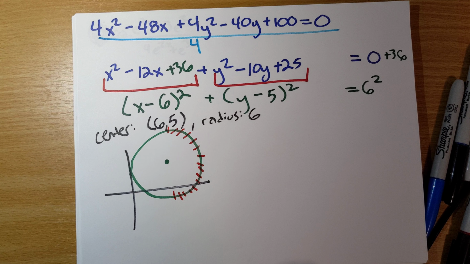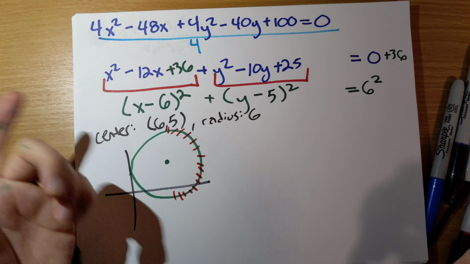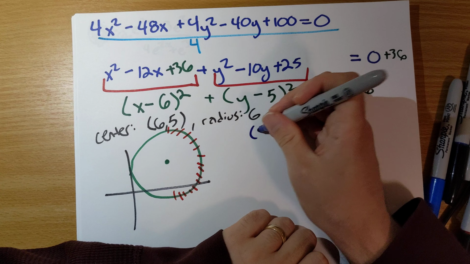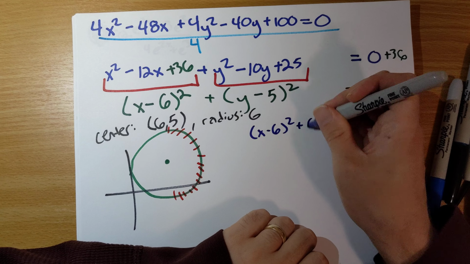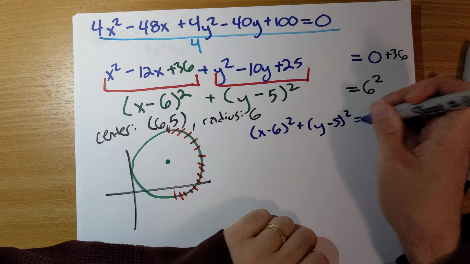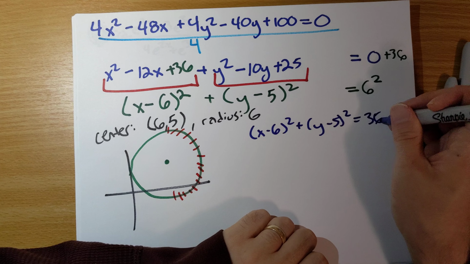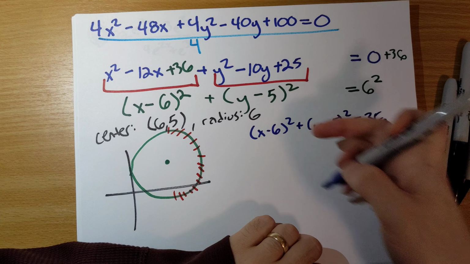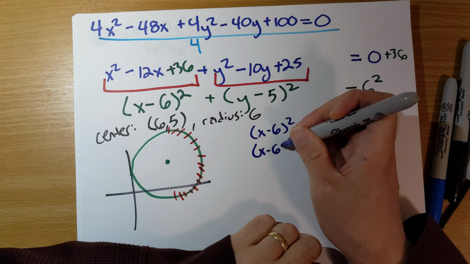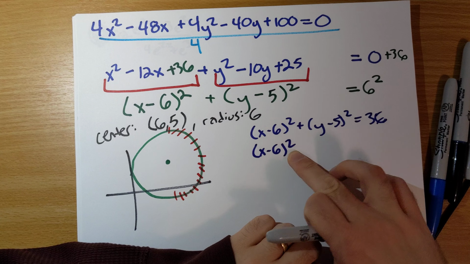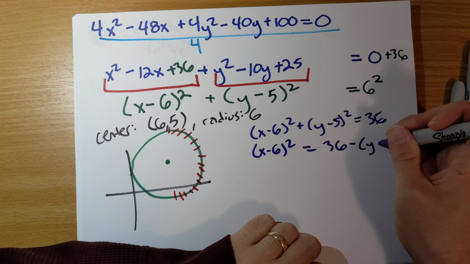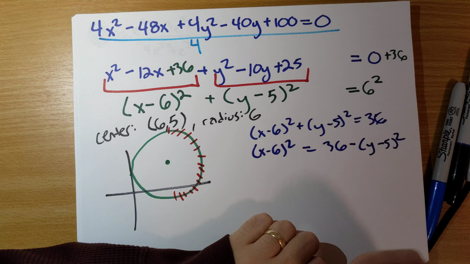Note for the right semicircle, we're going to be writing x as a function of y. So we need to take our equation, x minus 6 squared plus y minus 5 squared equals 36, I'm just recopying it here, and we want to write x in terms of y. How do we do that? x minus 6 squared is equal to 36 minus y minus 5 quantity squared.